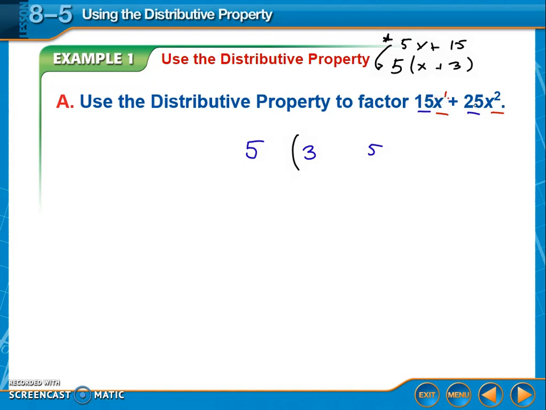I can't take out anything more than that because this one only has up to 1, so I can only take out 1x. If I take out that x, it is now gone here, but I still have 1x left in the other one. So this becomes the factored version: 5x times 3 plus 5x, and that's called factoring, using the reverse of the distributive property.